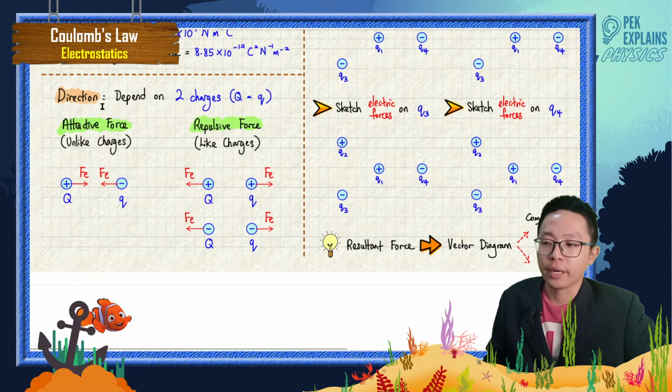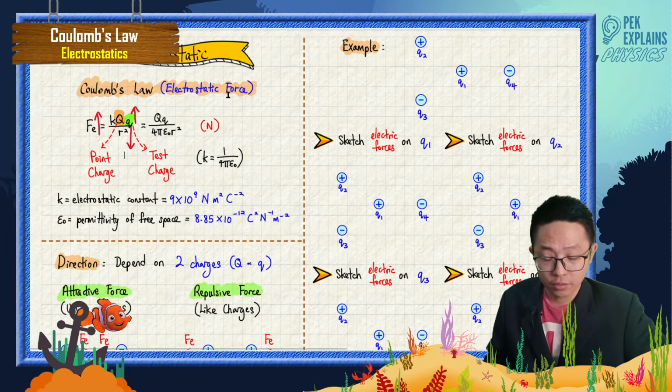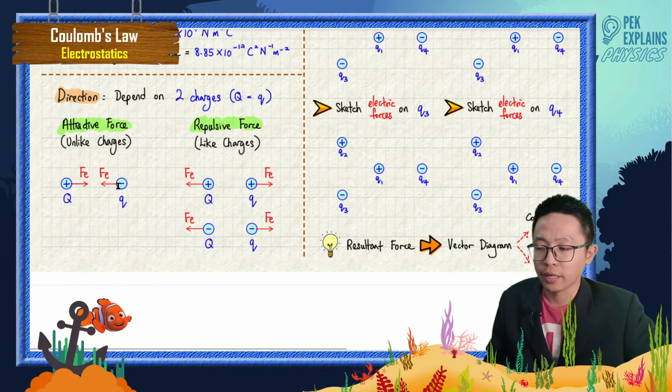So for electrostatic force, you need to look at both charges. If both charges have opposite sign, they attract each other. If both charges have the same sign, they repel each other. That's it.